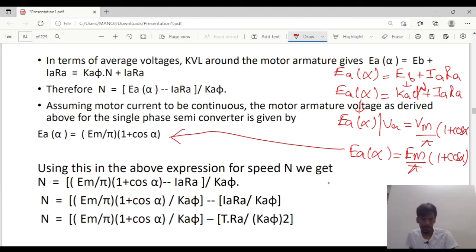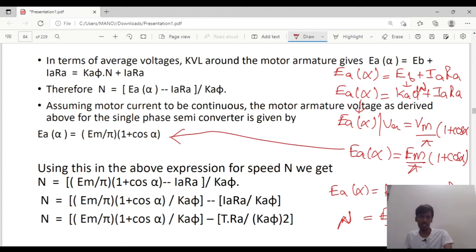As you know, in the voltage equation, EA at an angle alpha is equal to EB plus IA RA, and I can substitute EB equal to Ka pi into N. If I want to make speed the subject, speed is equal to EA at an angle alpha minus IA RA, the whole term divided by Ka pi. This is the speed equation.